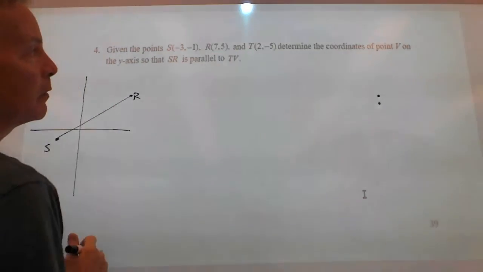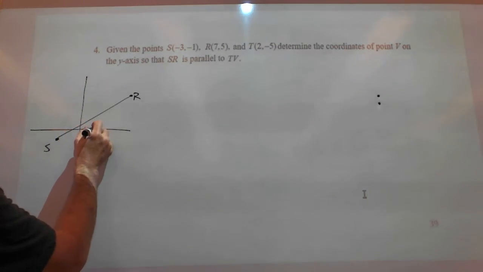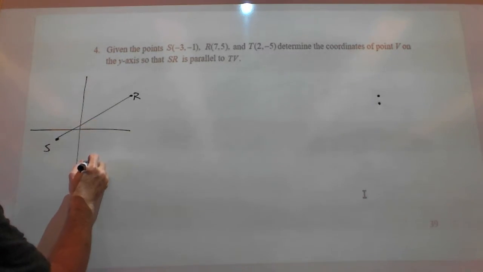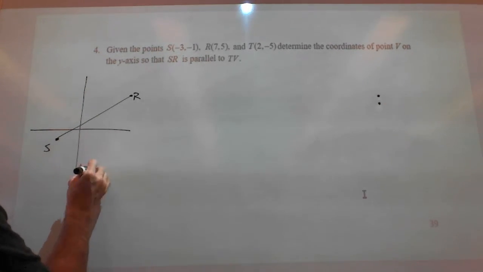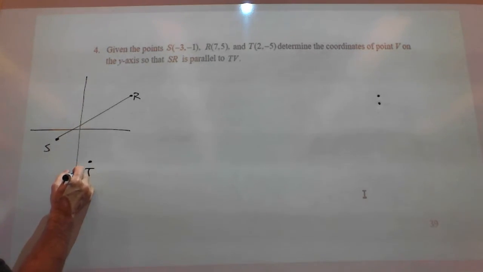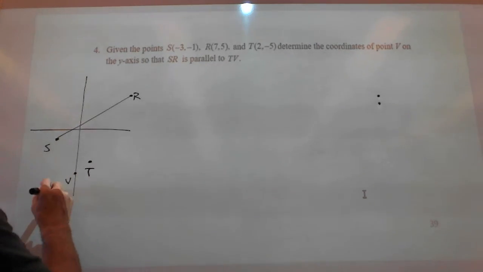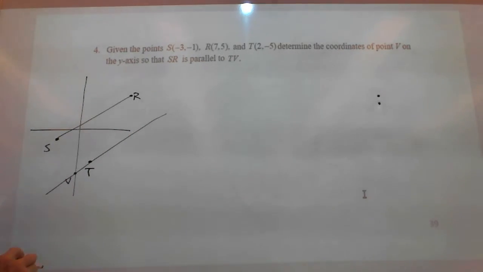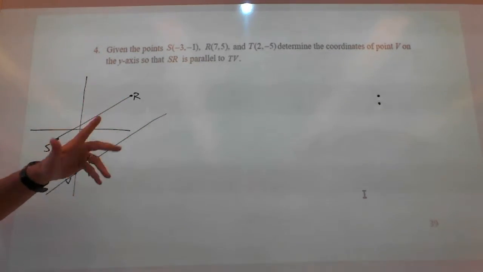And we have T, which is at 2, -5, right around here. And they're saying that V is on the y-axis. So that means V would have to be somewhere around here, right? Because it's on the y-axis. So that would be our other line. And they're saying they have to be parallel, so we know it's going to look something like this.